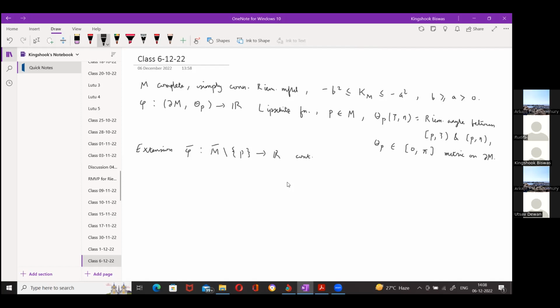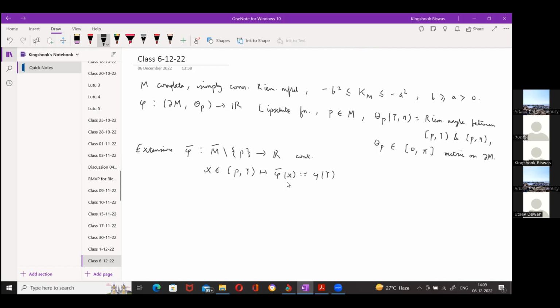So here what you do is you send any point X, if it lies in M minus P, then it lies on a geodesic from P to some boundary point xi. So you map this to phi bar of X, which you define to be phi of xi.